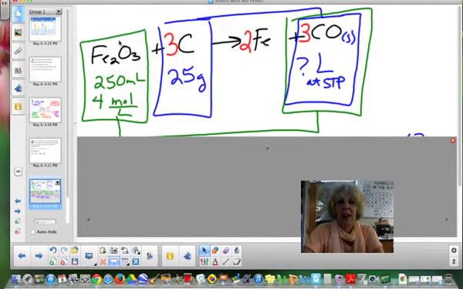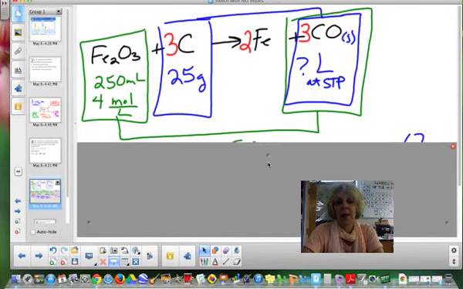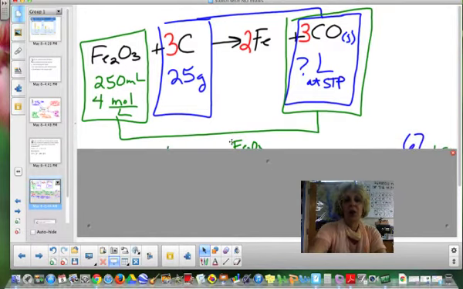Here's my bread and here's my cheese. So I have to do 2 mole ratios to see which one I'm going to run out of. The mole ratio in green is the ratio between the iron 3 oxide and the carbon monoxide.